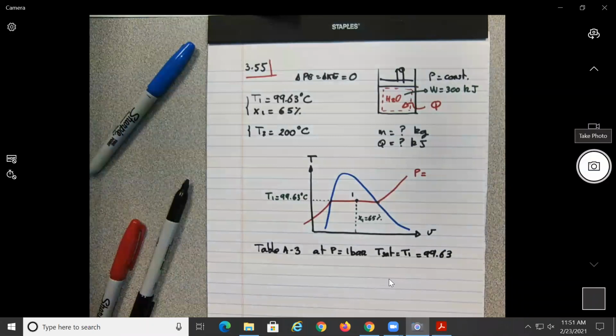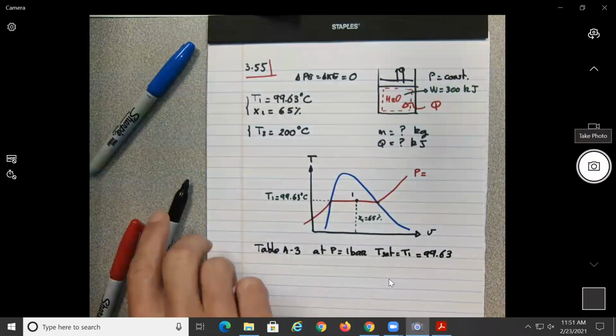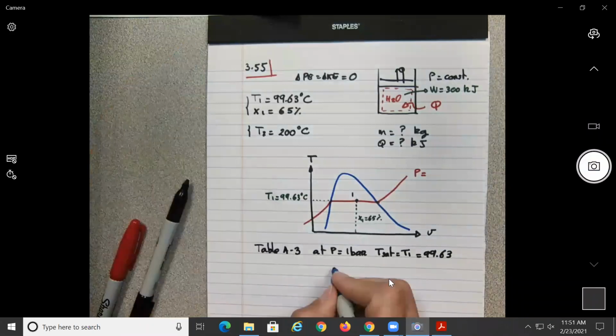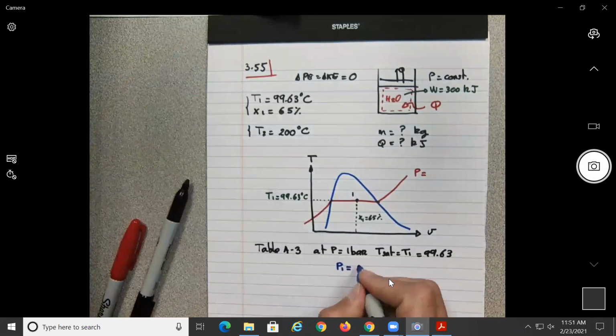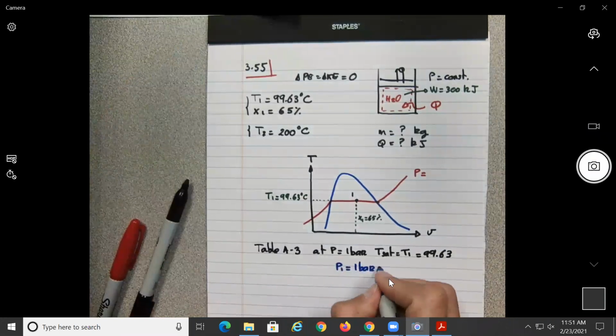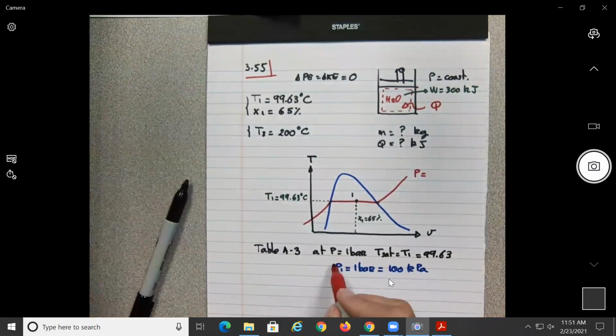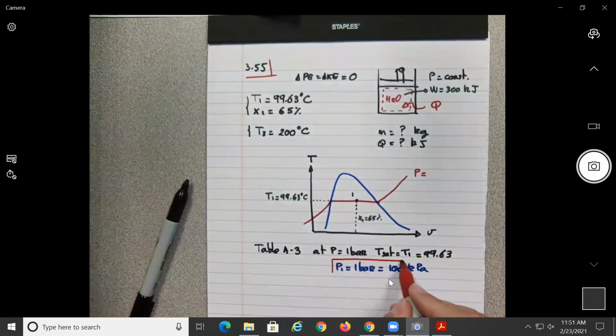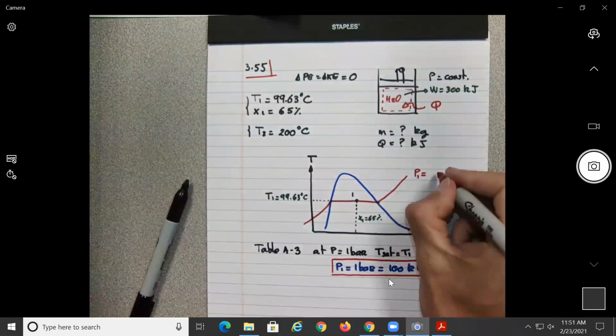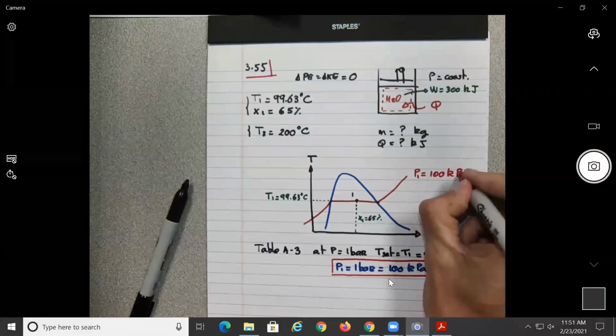So from here we can write down that P1 equal to 1 bar equal to 100 kilopascals. All right, so P1 here equal to 100 kilopascal, which will be also P2.